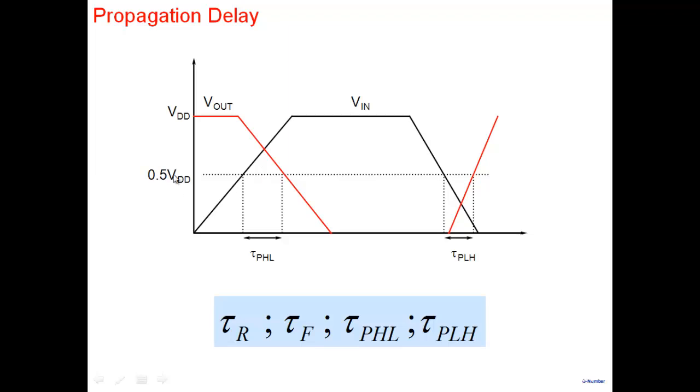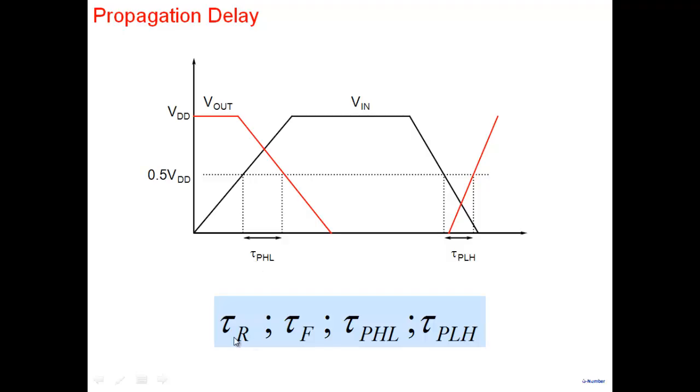Because remember, 0.5 VDD is our threshold voltage. So we say, well, the input has really become 1 once you cross this threshold. The input is 0 here, and it has sort of become 1 when you cross this threshold. And the output has become 0 when it has crossed this threshold. So the difference between these two thresholds is what we call, note the word, tau PHL.